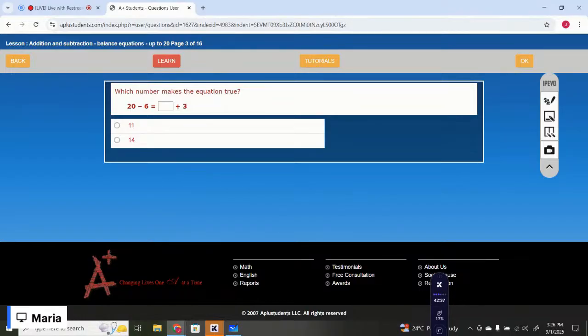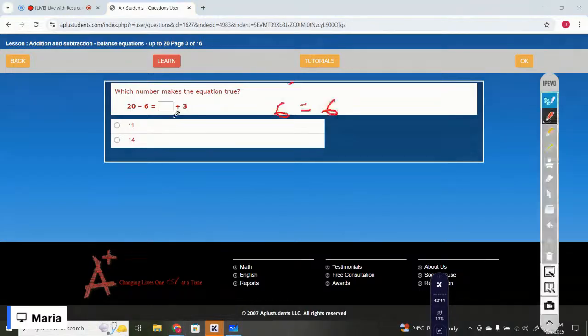Which number makes the equation true? 20 take away 6 is 14. Now the missing number plus 3 is 14. So which number is missing? That is 11 plus 3.